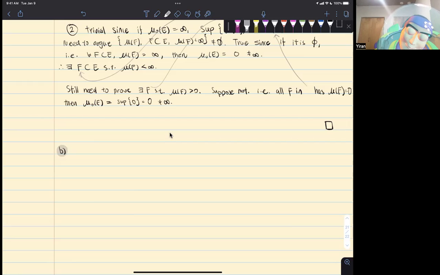Clearly, let's define Tj: T1 is equal to E1 and Tj is equal to the union from 1 to J of EI.